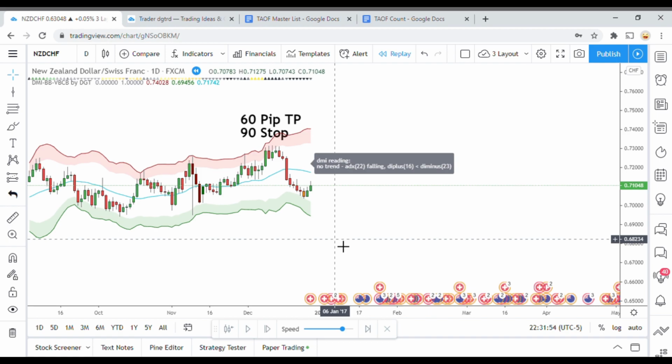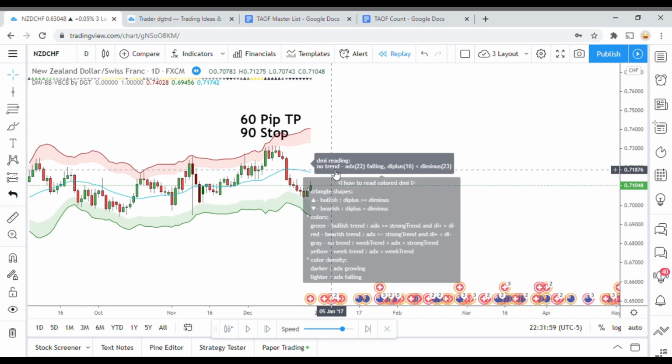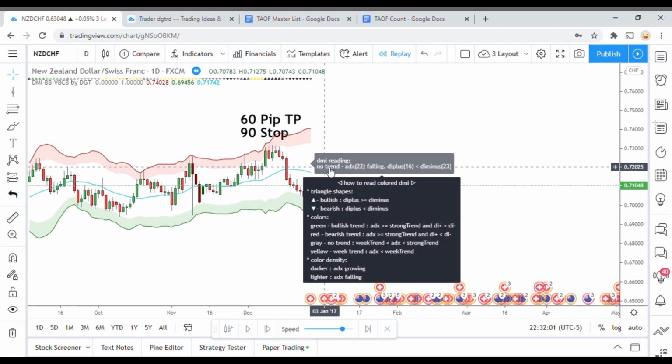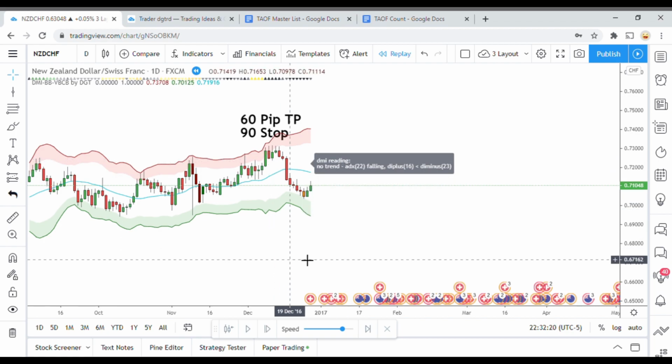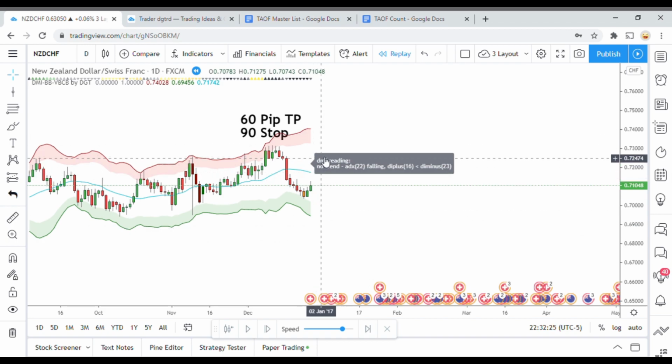It will display whether it is in a downtrend or uptrend, bullish trend, no trend, yellow weak trend. So it tells us bullish trend or bearish trend, and those are going to be our signals to go long or to go short.